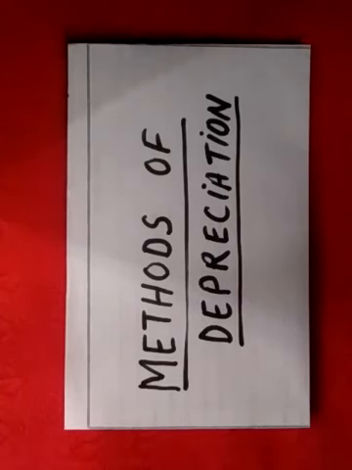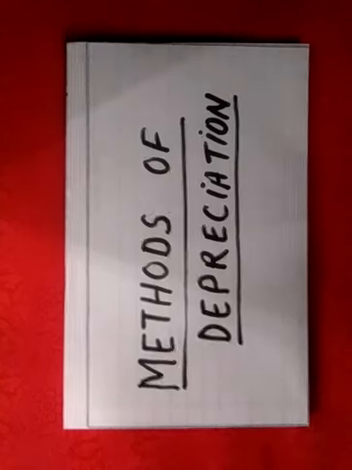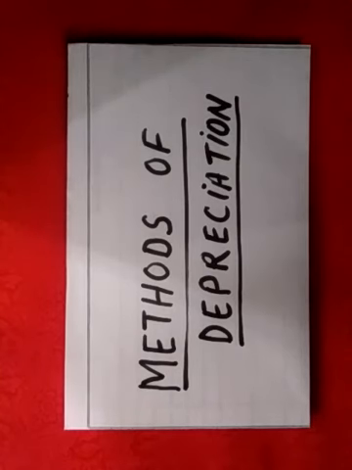Methods of depreciation. There are various methods of estimating depreciation expenses such as straight line method, diminishing balance method, sum of the years digits method, double declining balance method, annuity method, sinking fund method, etc. However, in the present chapter, we will discuss only two methods of providing depreciation, that is, straight line method and written down value method.